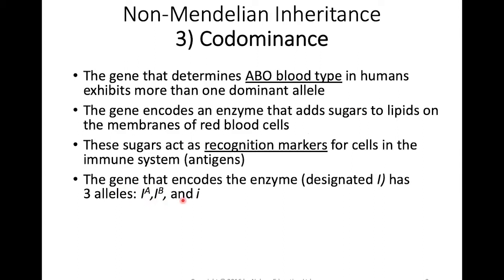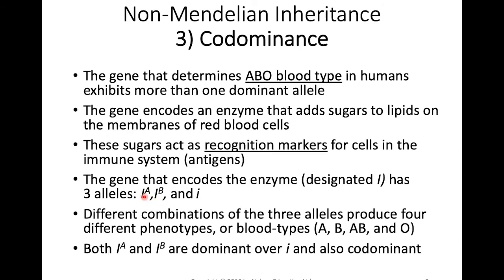The combination of two of these three alleles will dictate whether or not you are type A, type B, type AB, or type O. Now, the reason that we're identifying the allele where the A antigen will be produced and the B allele where the B antigen will be produced with a capital is because these two alleles are dominant over this third allele. And this allele here, the lowercase i, codes for no antigens on the surface of your red blood cell.